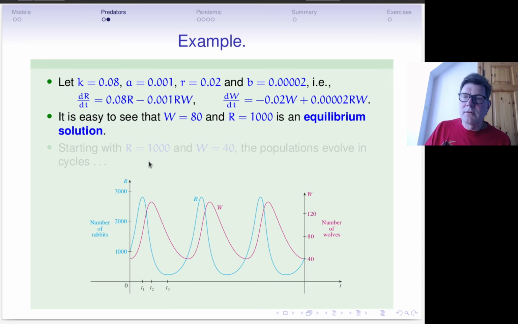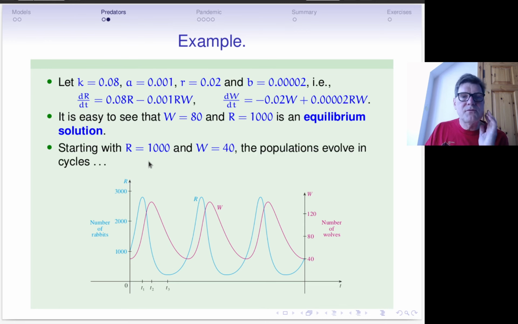One can do more analysis and find other properties of solutions, and maybe through a numerical simulation one can find that when you start with 1,000 rabbits and 40 wolves, the populations evolve in cycles. The rabbit population grows.